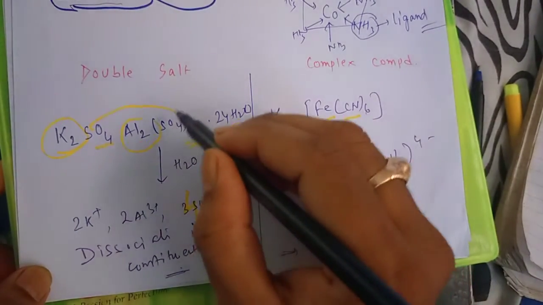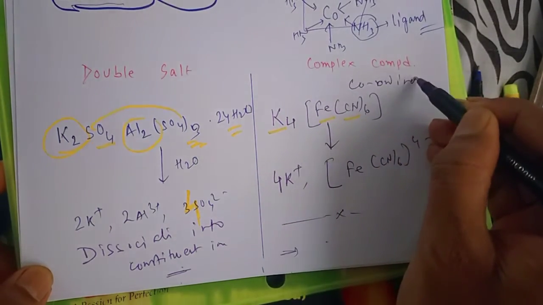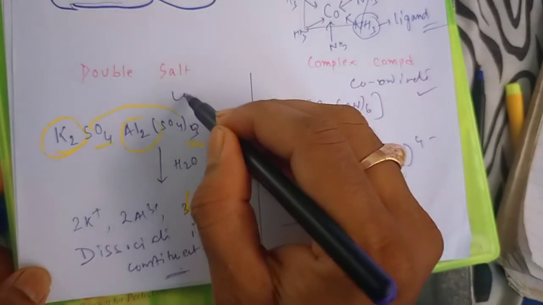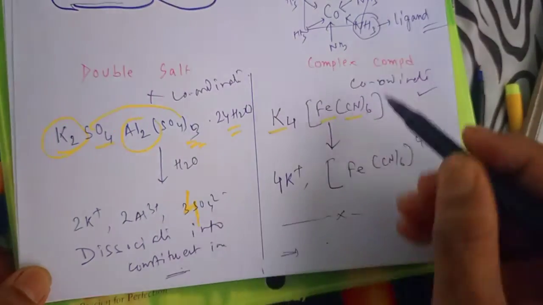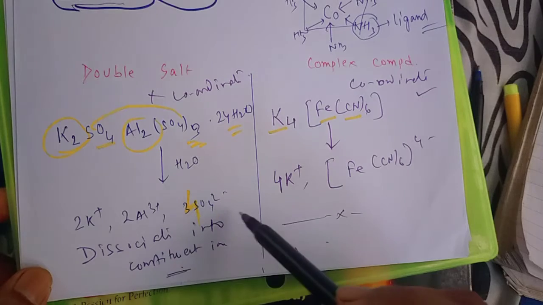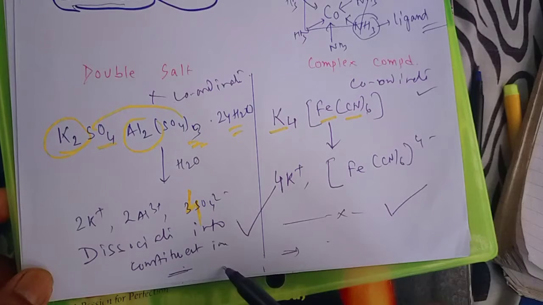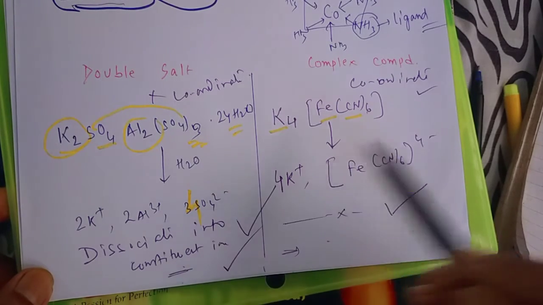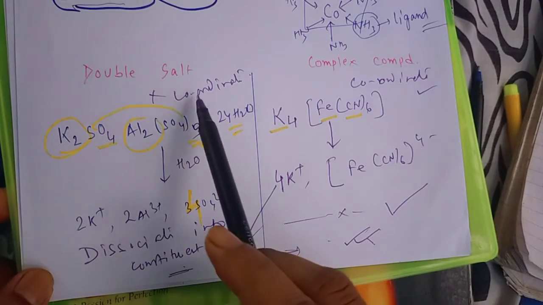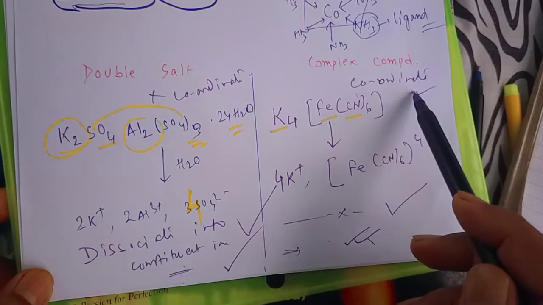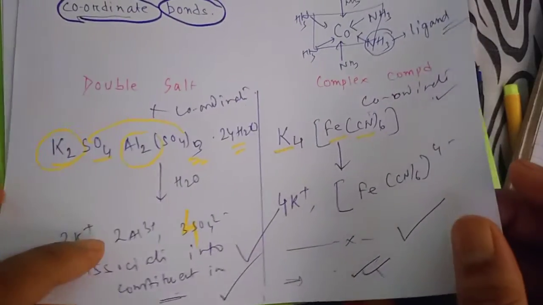This one does not have a coordinate bond, and this one has a coordinate bond. So there are three differences: dissociation into constituent ions, retention of the properties of the complex part, and formation of coordinate bonds. You have to learn these three differences between them.